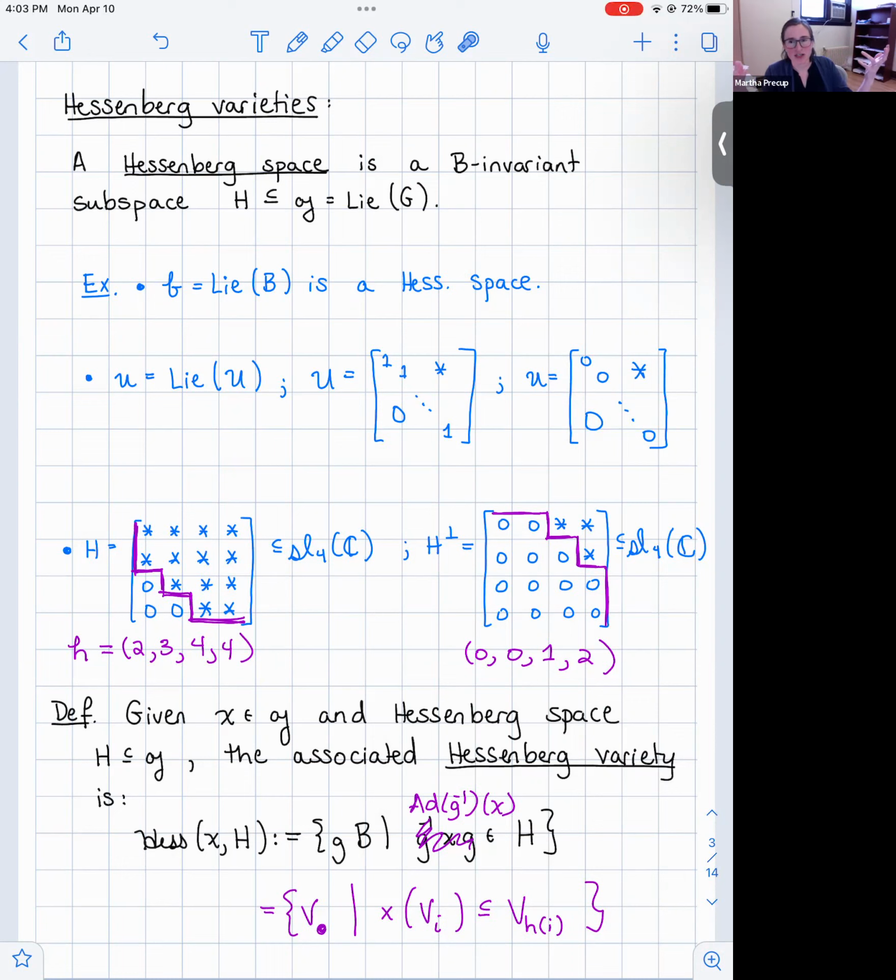And that projection map has all the nice properties you could possibly want, right? So in fact, if you understand what they're doing in G mod B, then it will tell you what's happening in G mod P in a really nice way.